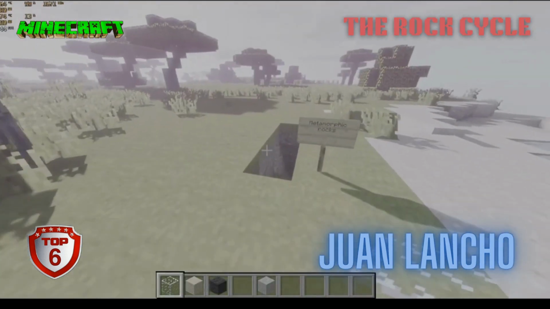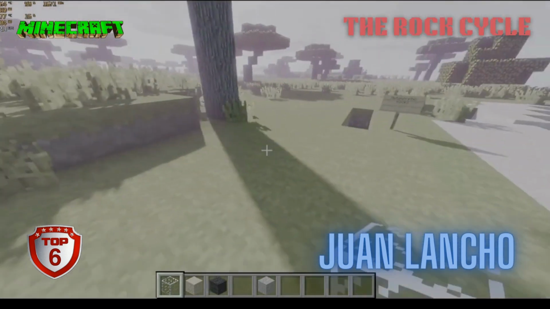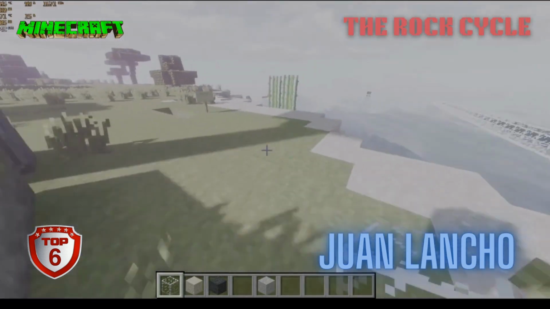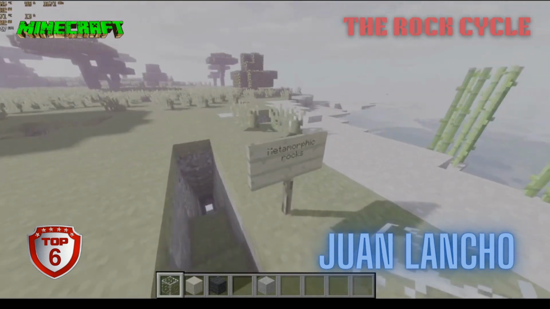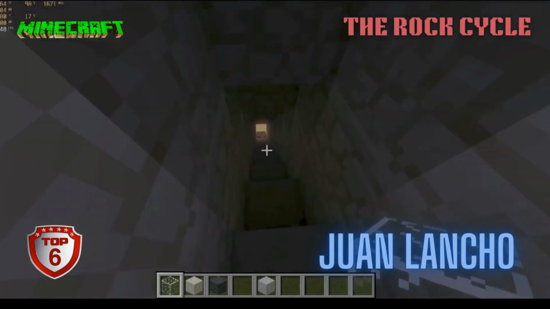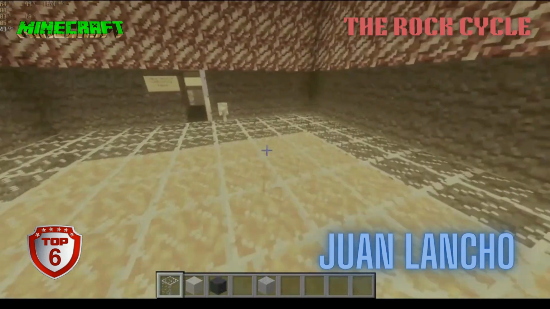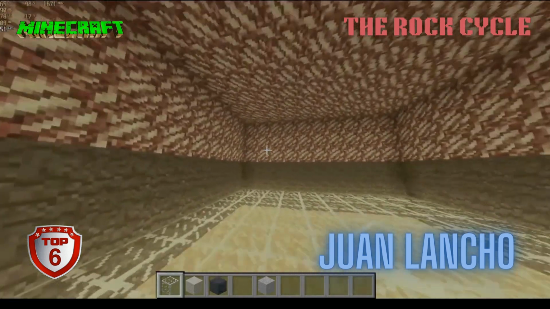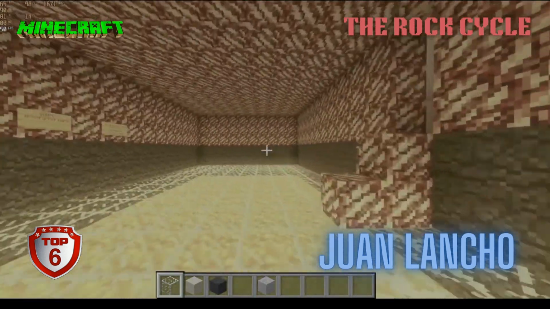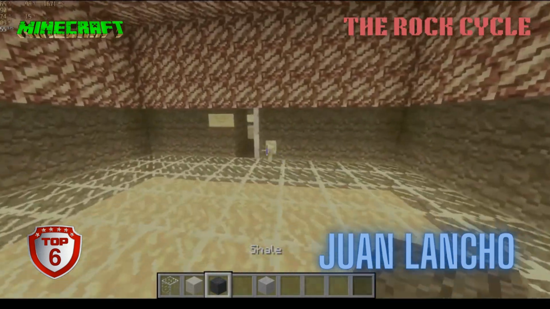Hello, my name is Javier and I'm going to explain to you the rock cycle. The rock cycle is a process when the rocks transform into other types. The types are igneous rocks, metamorphic rocks, and sedimentary rocks. The metamorphic rocks are formed by an igneous or a sedimentary rock that, with the pressure and the high temperature, compresses and is made into another rock.